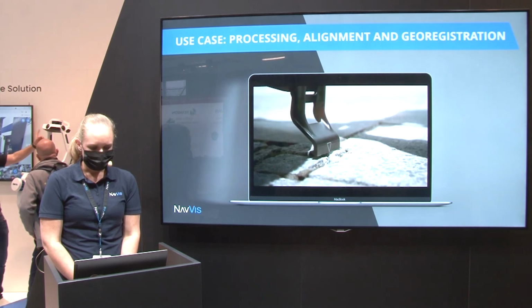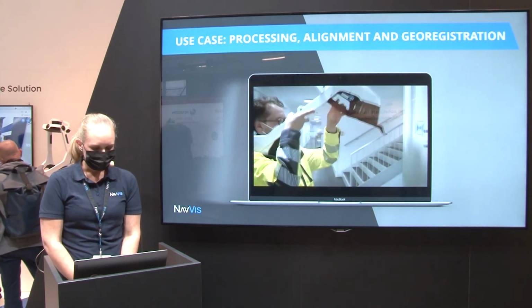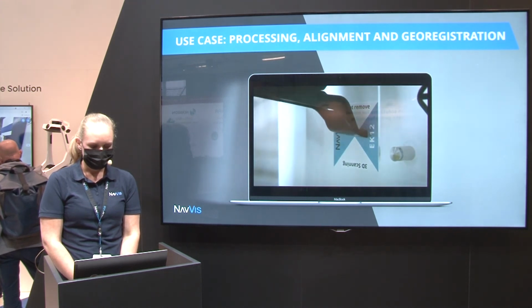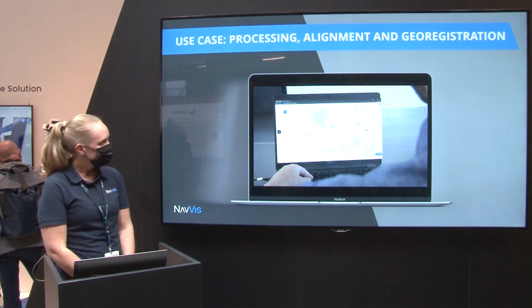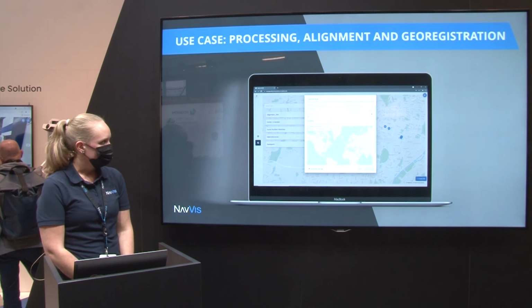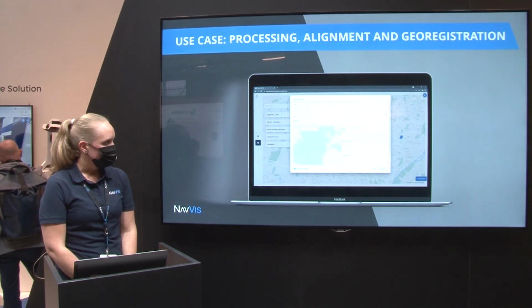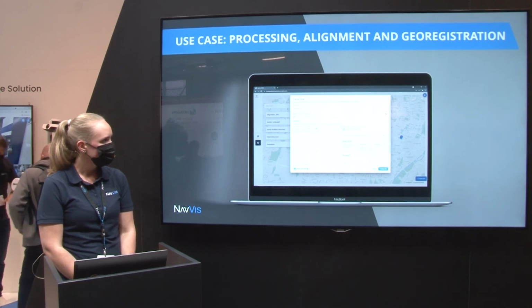And of course, as last step, you then take the NavVis VLX, capture the data, capture the control points, and afterwards import all of this into NavVis Ivion Core. So first you have to create a site. You have to define your spatial reference system you want your project to be in.